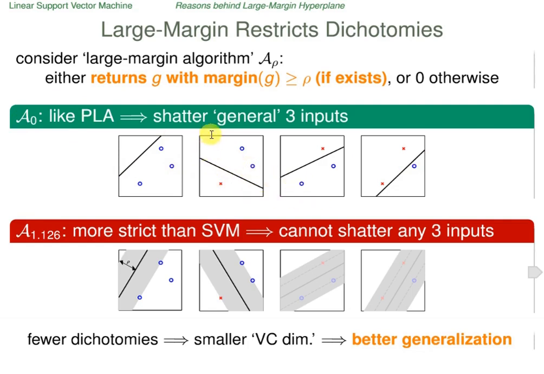A higher margin makes it more tolerant to out-of-sample data, again due to the noise in the examples. We can enforce a lower bound requirement on the margin, which naturally results in fewer dichotomies, as it places a restriction on the growth function, yielding a smaller VC dimension.